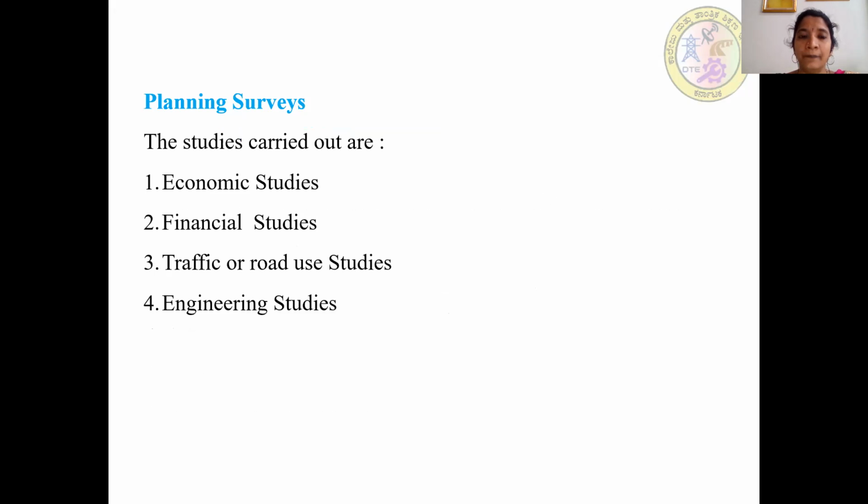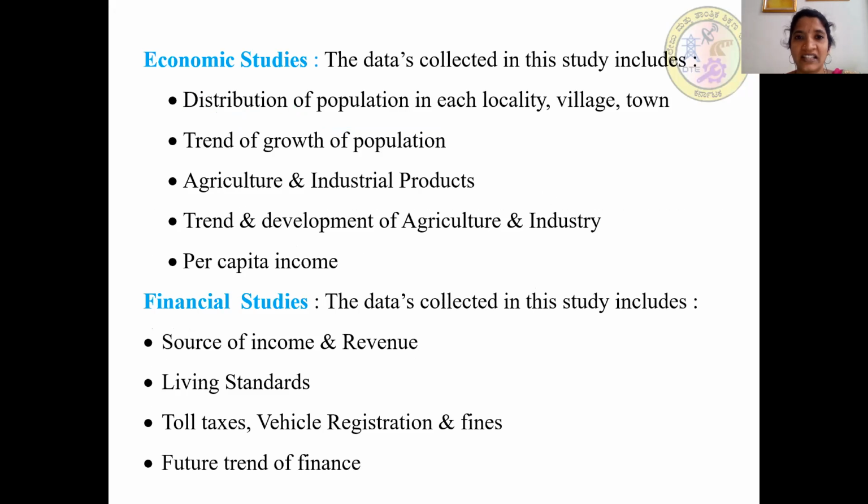Planning surveys. The studies carried out are economic studies, financial studies, traffic or road use studies, and engineering studies. So to plan the survey, these are the main studies carried out. So first, economic studies.